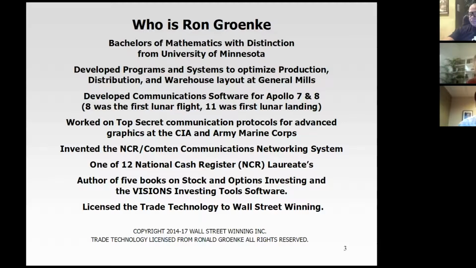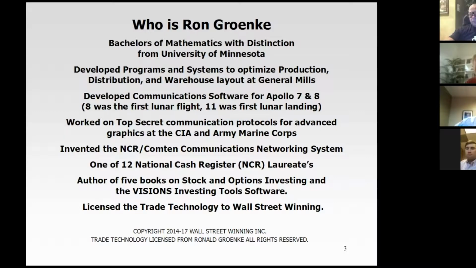I also worked on some top secret communication protocols for the CIA and the Army Marine Corps, doing high-level graphics in 1974 when they were taking all those pictures by U-2s, and the CIA needed to get them out in the field. They had real pictures, not videos at that time, so it was a way that we were able to transmit them.